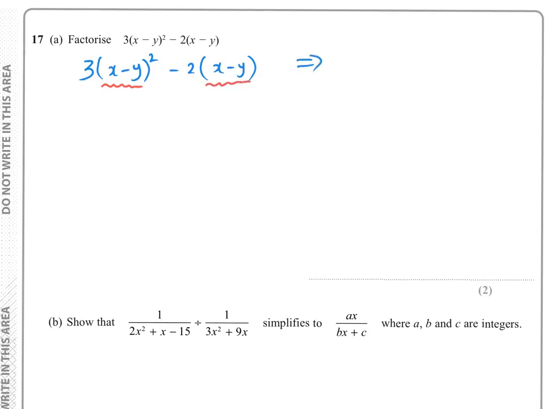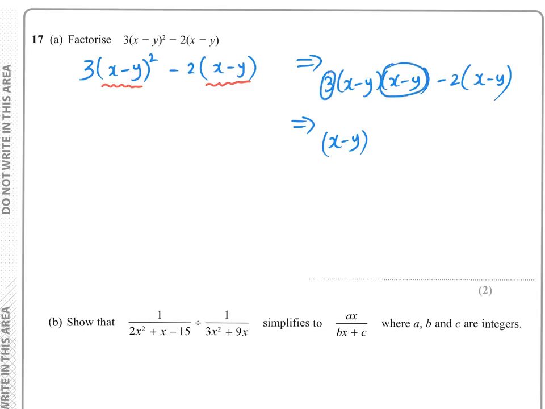But if I write this in this way, which is exactly the same, then you can see that if I take x minus y out as a factor, I'm just going to have 3 lots of another x minus y remaining.